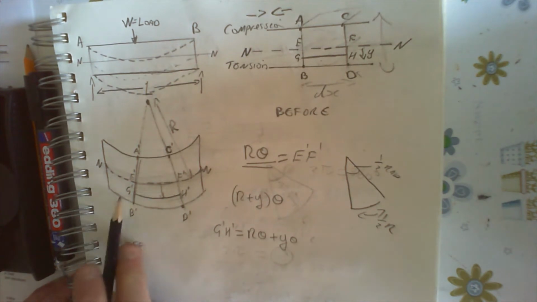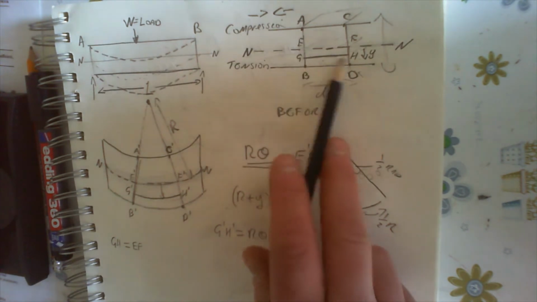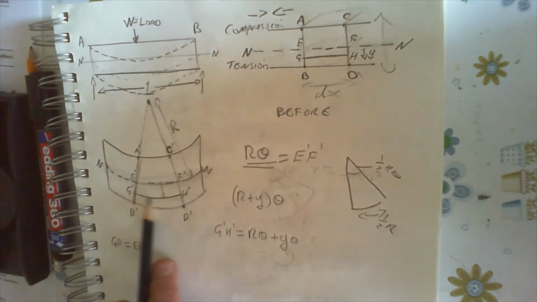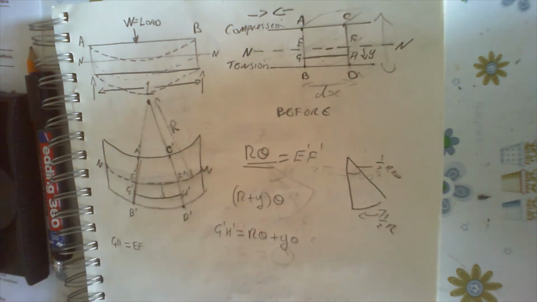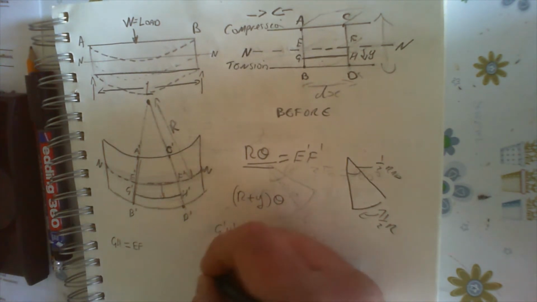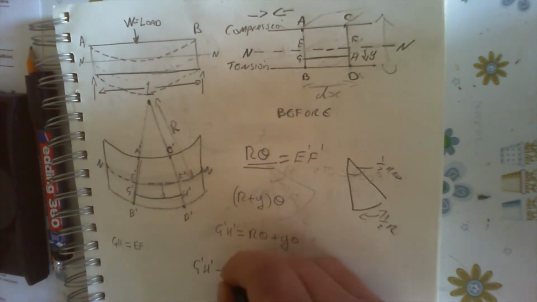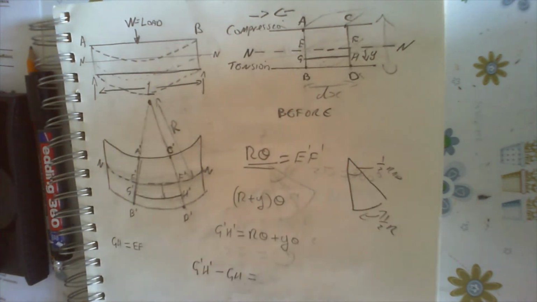What we're looking for, when we look at the tension or the strain, which is the change in length, is what the change in length is between this GH and this GH. It's going to be the stretched one minus the not stretched one, and that will leave whatever was stretched.